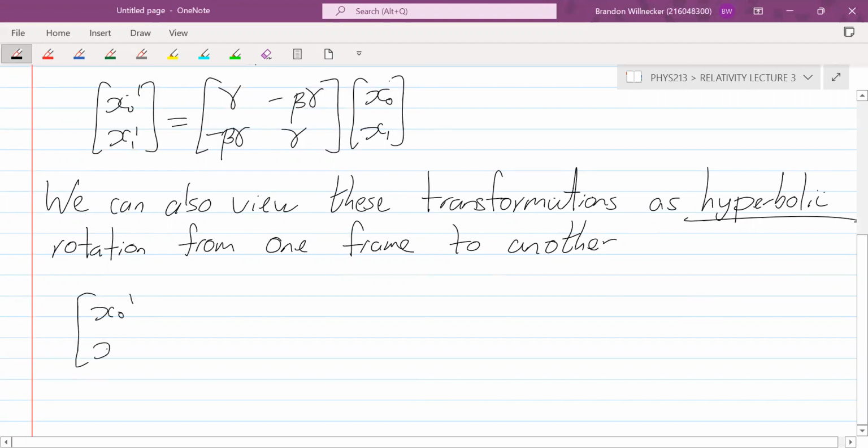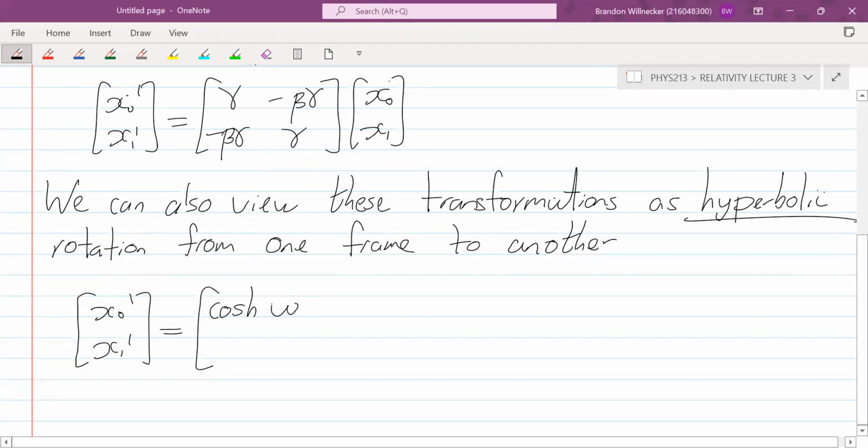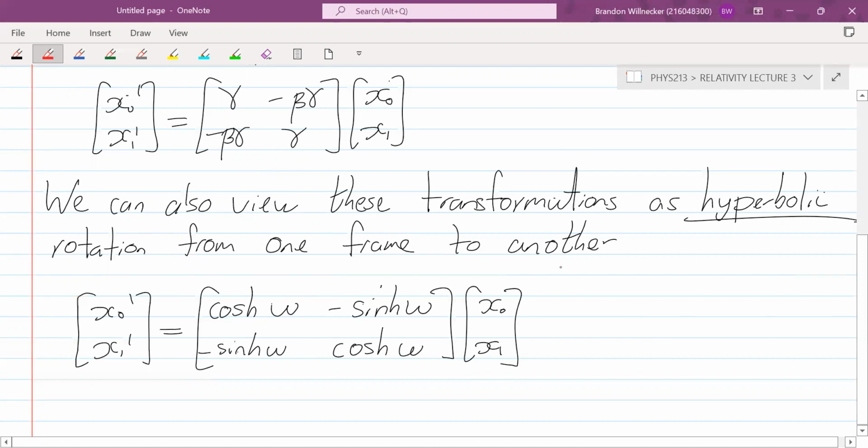So we have x0 prime, x1 prime is equal to hyperbolic cosine, cosh omega, minus hyperbolic sine omega, minus hyperbolic sine omega, and then hyperbolic cosine omega, acting on x0, x1.